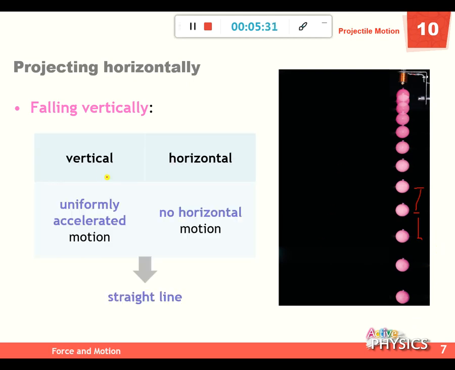Now look at this. For the vertical one, you can see uniformly accelerated motion, which means g, 9.81. But how about the horizontal one? You can see a low horizontal motion. Then you can see a straight line like that.